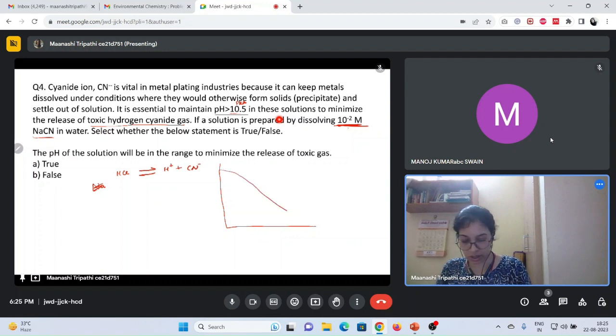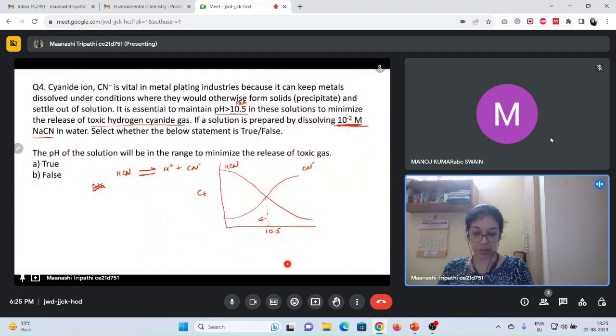So if this side is the concentration, this side is pH. So let's say this is 10.5. This is our HCN and this is cyanide ion. So if somehow the pH becomes less than 10.5, the major part will be HCN gas, which is very toxic.